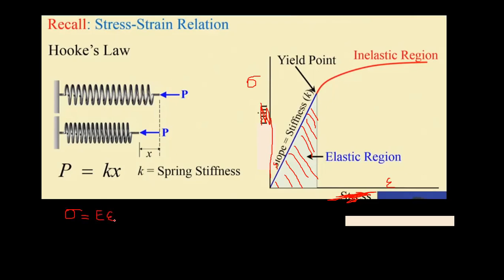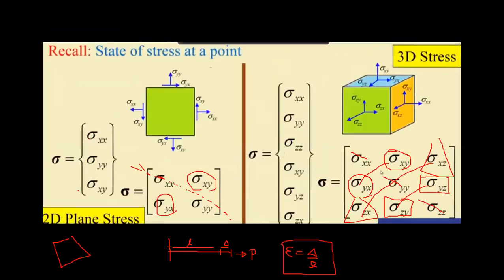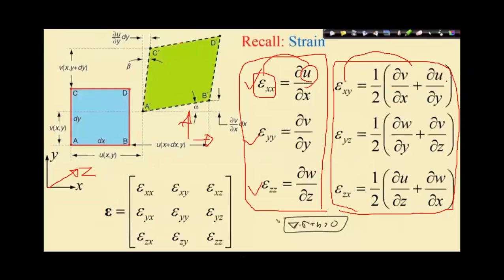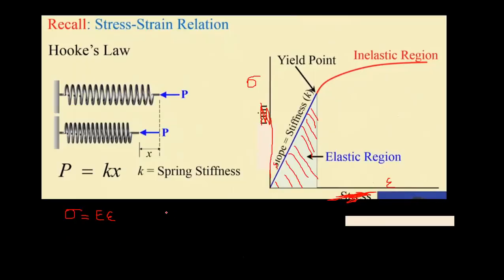But for a 2D case, you remember you have 3 different sigmas, and here you have 6 different sigmas. So you can't directly write sigma equals E epsilon naught. There is some matrix combination, so that is what happens with higher dimensions. So sigma becomes some matrix, we don't know what it is yet, times the strain.